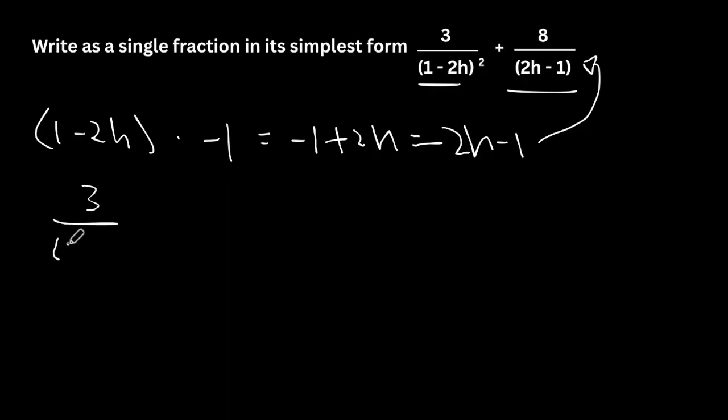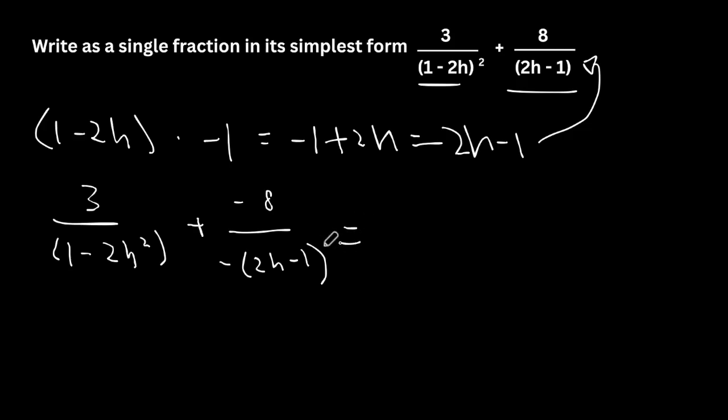3 over (1 minus 2h) squared plus, then we put a negative on top and we put a negative at the bottom because now the negatives will cancel out each other and it will still mean the same thing. Sorry, the squared is outside. Okay, I wrote it wrongly here. It's outside.